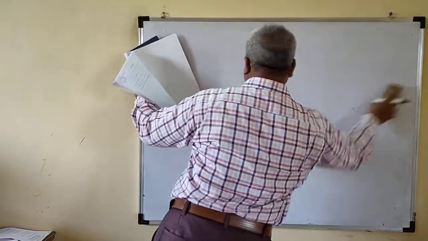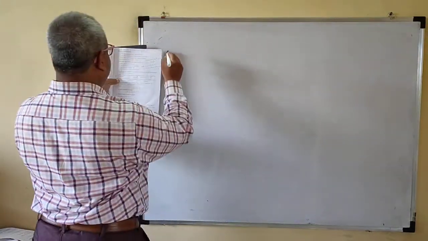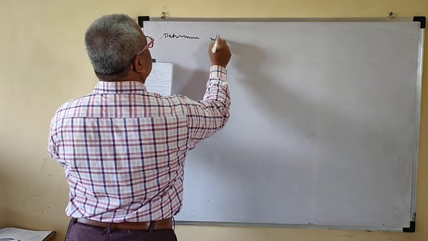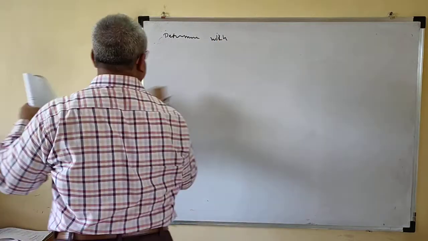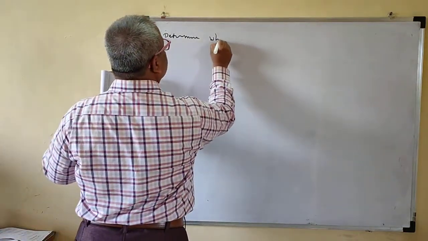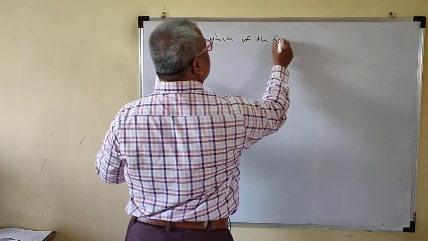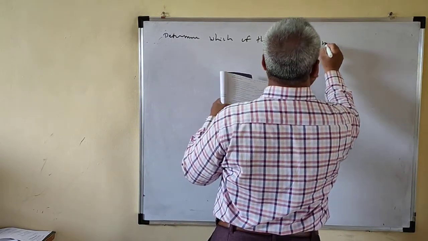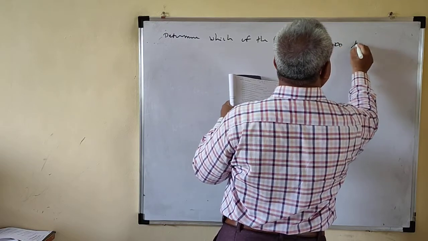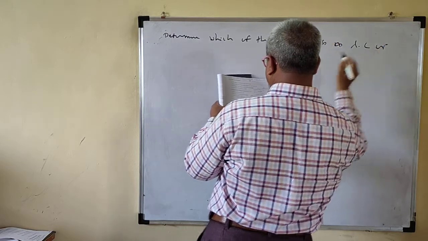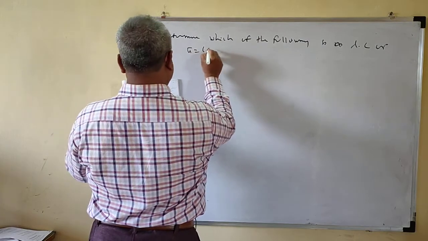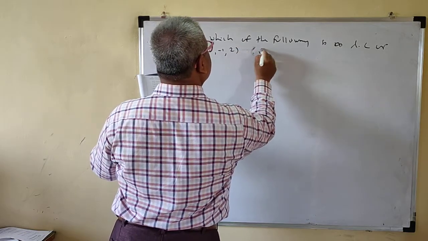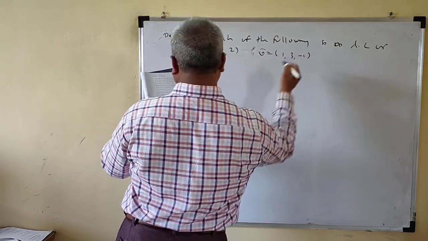Okay. So one thing now: linear combination. Determine which of the following is a linear combination of u bar equal to (0, -1, 2) and v bar equal to (1, 3, -1).